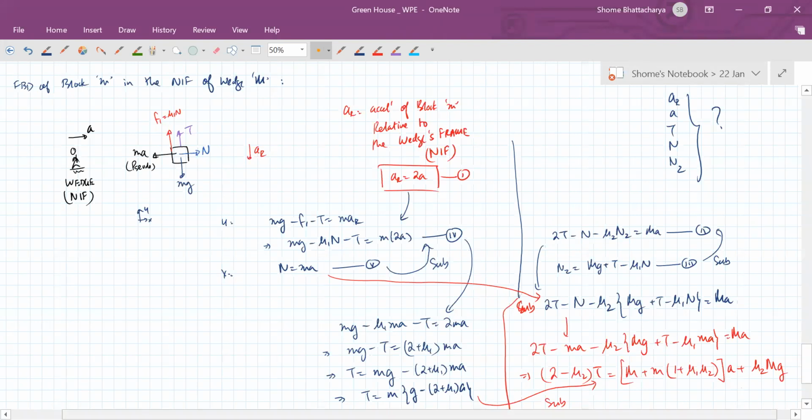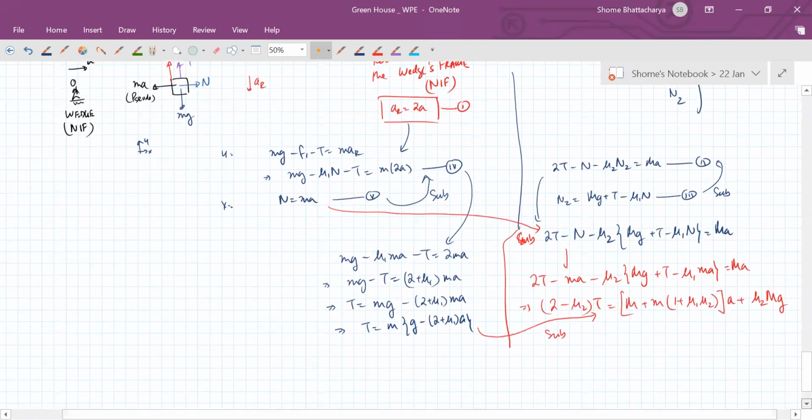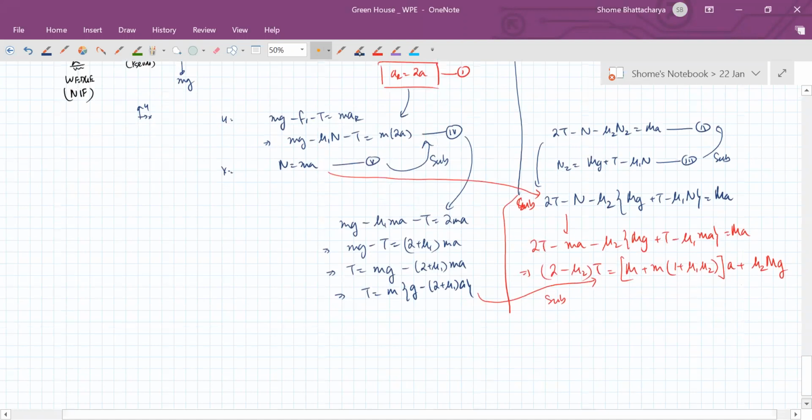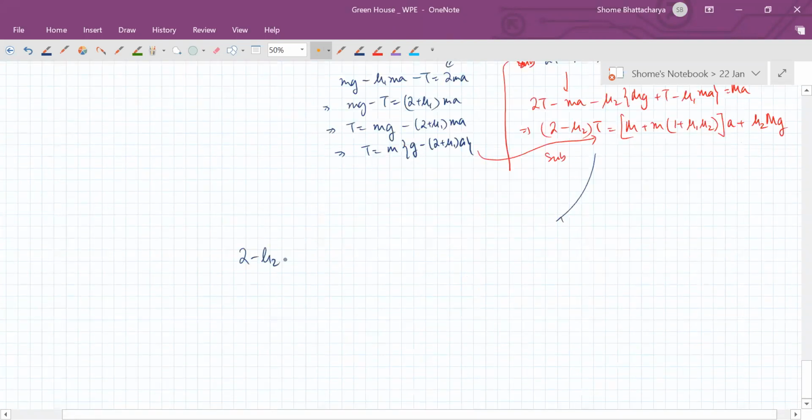Okay, so let's finish the solving part. I told you this is a bit of a monster question, but if you systematically keep substituting the variables, it's fine. So substitute this tension on this side. So this will become (2 minus mu2) into this thing, small mg minus (2 plus mu1) mA.